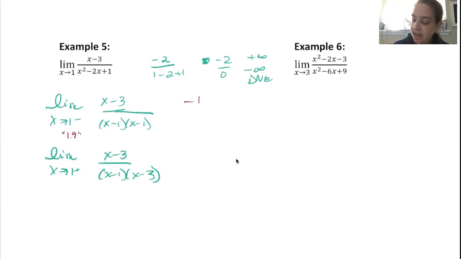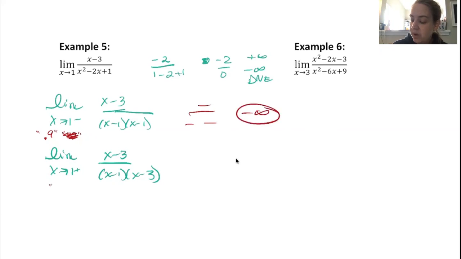The numerator is a negative. Nope, not 1.9. How about just 0.9? The numerator is a negative. The denominator is a negative times a negative. So overall, the numerator is a negative. At the bottom, the denominator is a positive. This would be negative infinity, the overall sign.